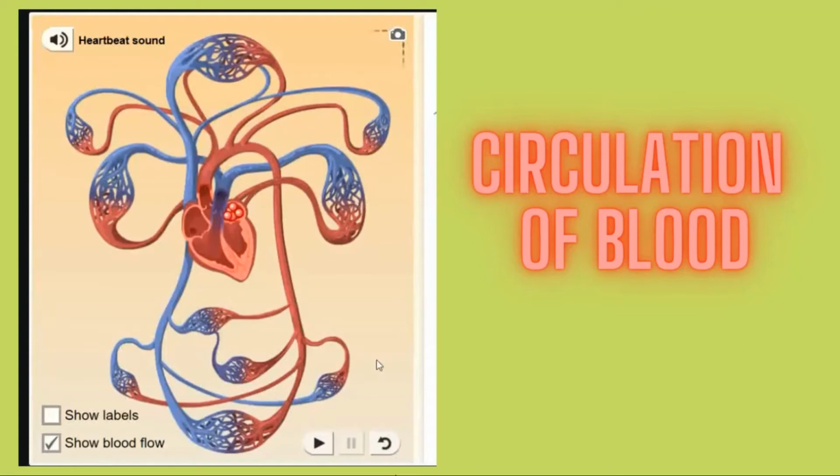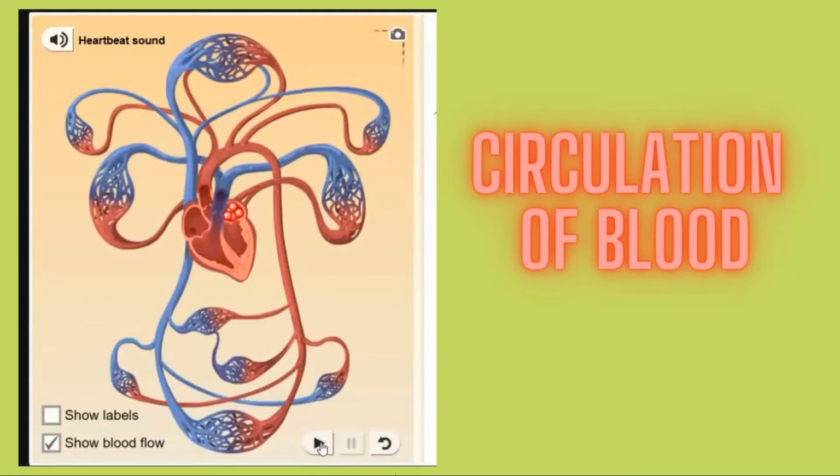That carbon dioxide will be collected by these capillaries and ultimately carried by the vein, and it will enter into the left ventricle, then it will go to the left atrium, and from the left atrium it will ultimately go to the lungs, and from the lungs it will be excreted.